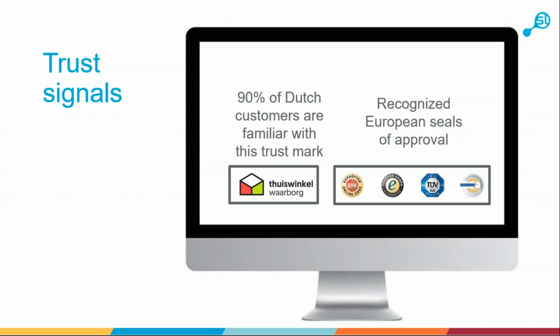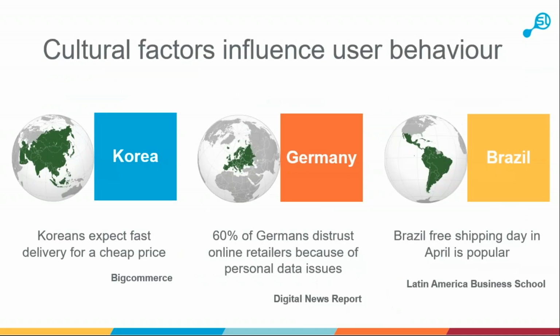Delivery and legal compliance is a big thing for conversion rate. And just taking a few examples, the first one here from Korea. Cross-border selling is very common in Korea. So they take, I don't know, about $90 billion worth of goods from China alone.